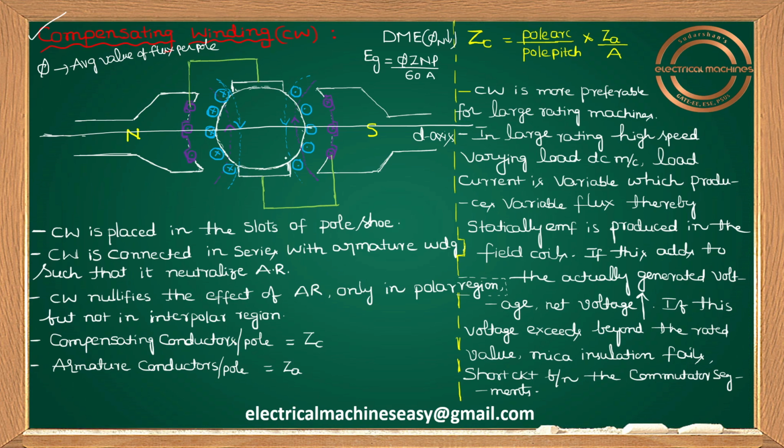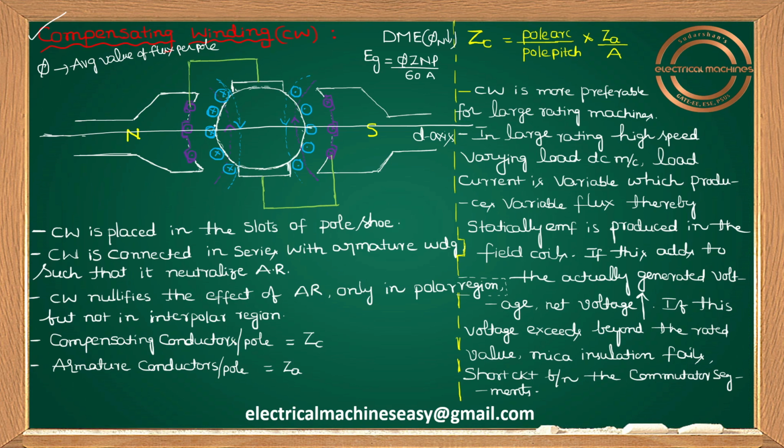Here our motto is to reduce the demagnetizing effect. Why are you getting this demagnetizing effect? Because of armature reaction. What is the definition of armature reaction? The effect of armature flux on main flux is called armature reaction. Because of armature flux only we are having armature reaction here.